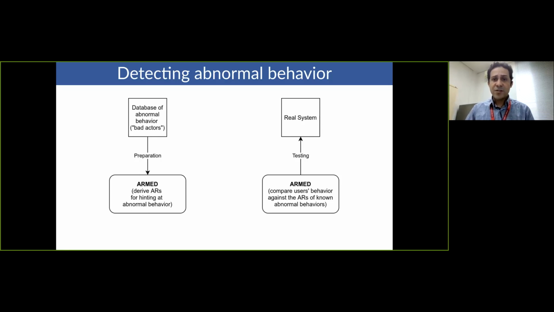If such a database of abnormal actions does not exist, we could still use ARMAD. During the testing phase, if some unexpected behavior is observed, some behavior that does not match any of the rules previously mined, that behavior is reported to the tester as an action worthy of attention.